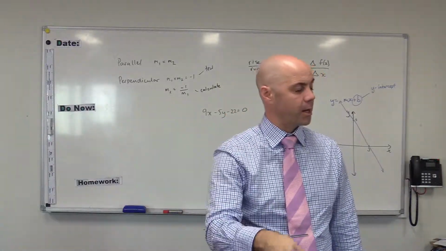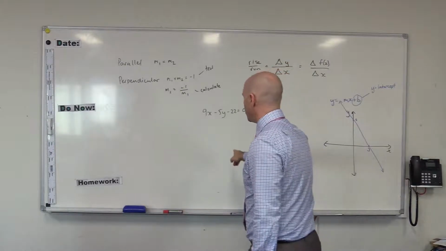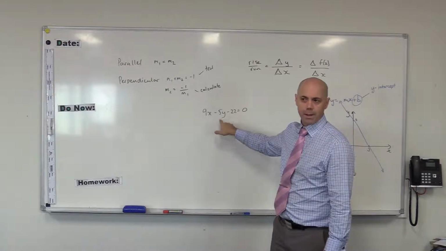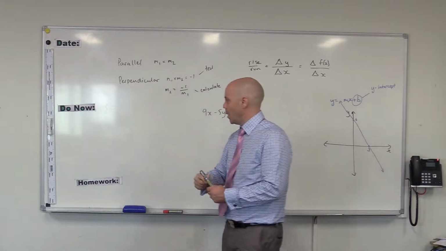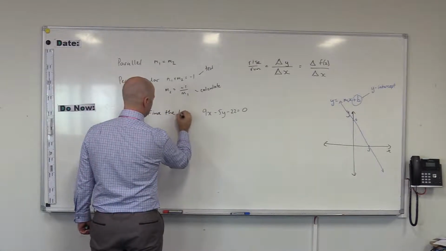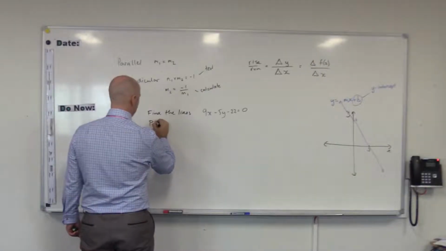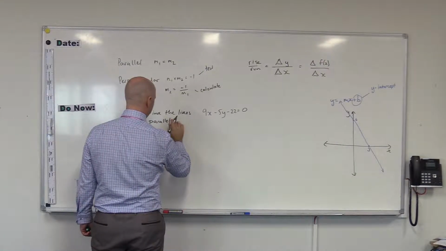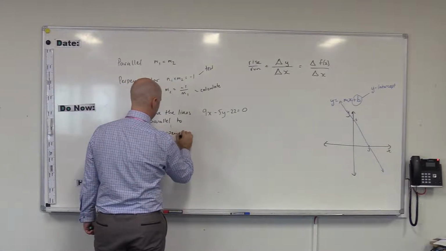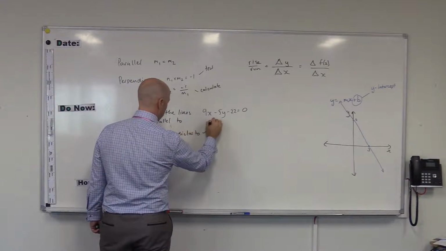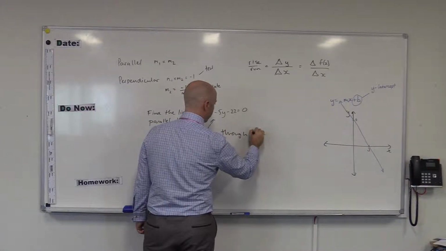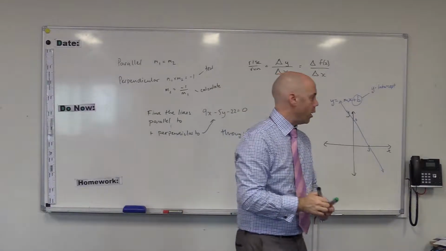So we're going to put that into practice now. We're going to calculate two lines from this equation, one being parallel, one being perpendicular. Taking this one, find the lines parallel to and perpendicular to this through the point (1, 2).